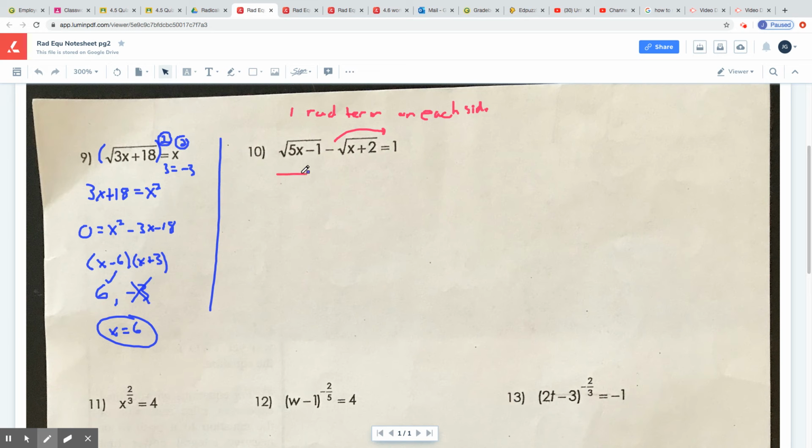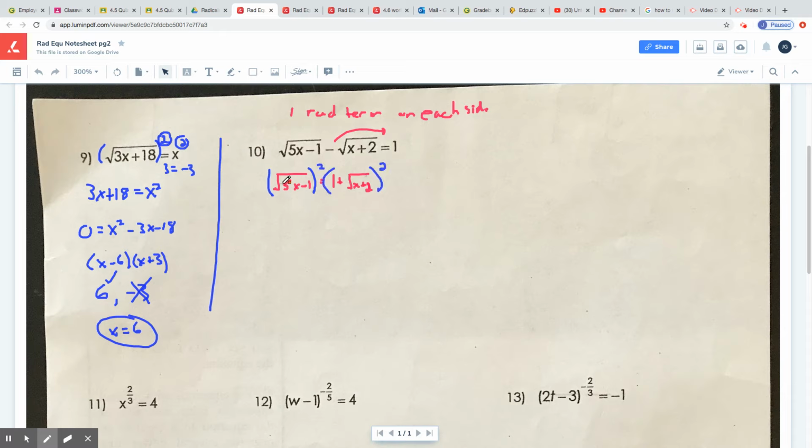That will give us the square root of 5x minus 1 equals 1 plus the square root of x plus 2. Or if you write the square root of x plus 2 plus 1, it doesn't make a difference. We are going to now square both sides, because we want to get rid of this square root. So we're going to square and square.